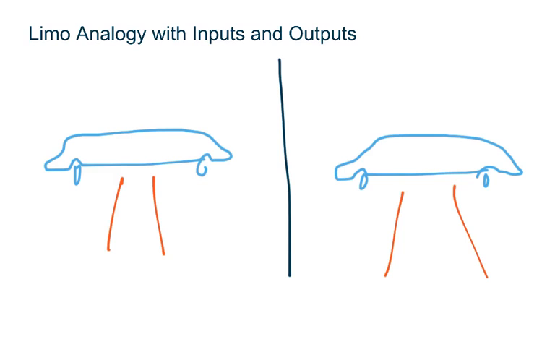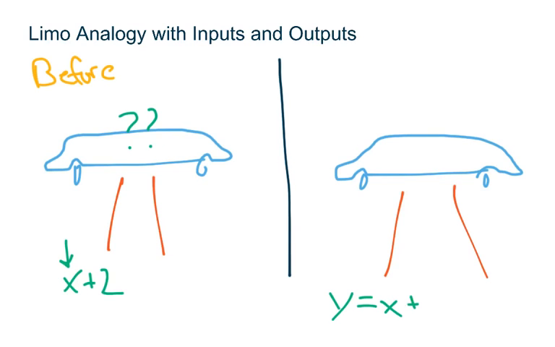At the beginning, before the ceremony starts, you have a limo and anyone can come out of it. And that was analogous to where we had something like x plus 2. We could plug whatever we wanted into x. Well, if we now make this y equals x plus 2, we have the after of the award show.